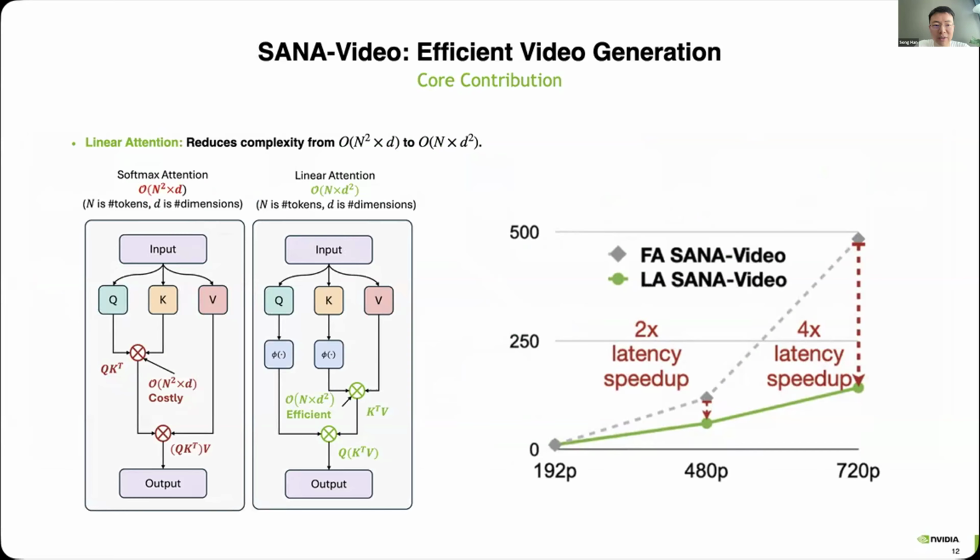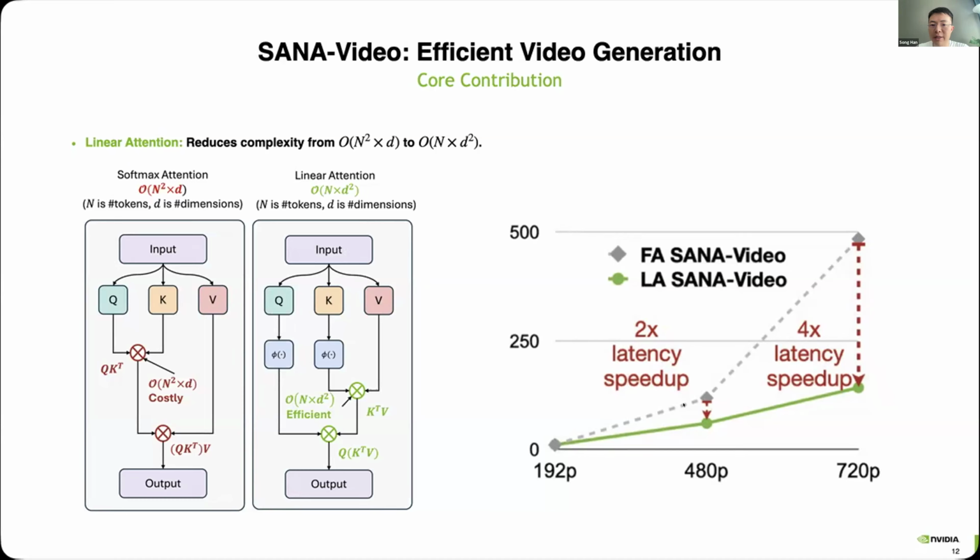Well, linear attention, the computation complexity is O(N D squared), where N is the number of tokens, while D is the hidden dimension. As we can see here, we are changing the sequence. Previously, we are doing the QK first, and the computation complexity is O(N squared D). N is pretty large as the resolution goes large, and as the sequence length goes large. Well, here it is O(N D squared) on the right-hand side.